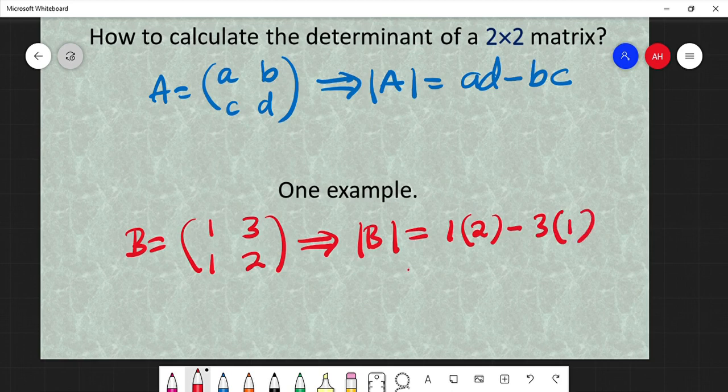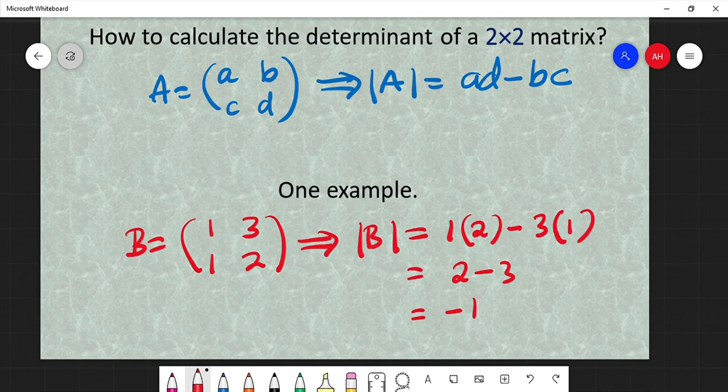Let's simplify this. 2 times 1 is 2, and 3 times 1 is 3, and 2 minus 3 is negative 1. So that is the determinant of matrix B. The value is negative 1. As we mentioned a few minutes ago, the determinant is a number.